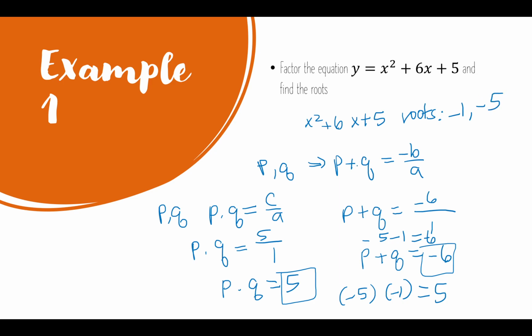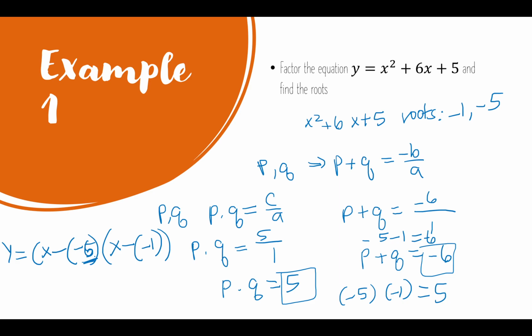Now, we must plug these back into the factored form of a quadratic equation to get the quadratic equation from standard form to factored form. We will get y is equal to x minus -6, the first root, times x minus -1, the second root.